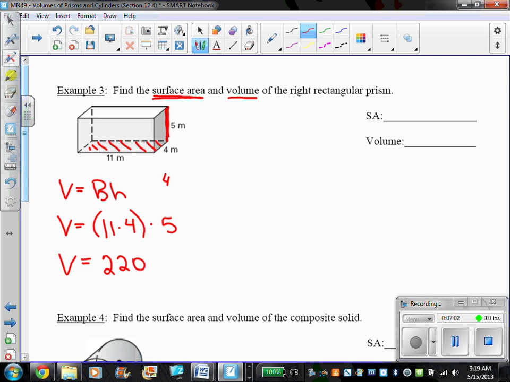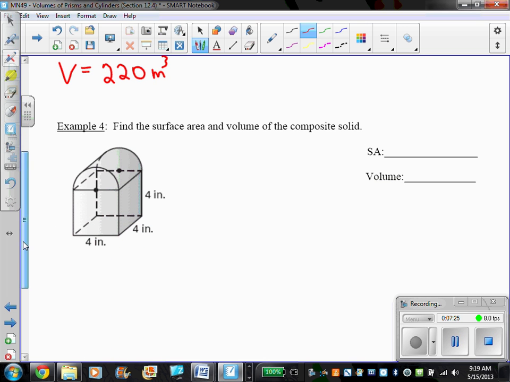Ooh, I just all of a sudden was like, I'm not quite sure. 220 meters cubed. So you can tell I don't use a calculator as we're calculating here. 220 meters cubed. So 220 cubes can fit inside of that prism.